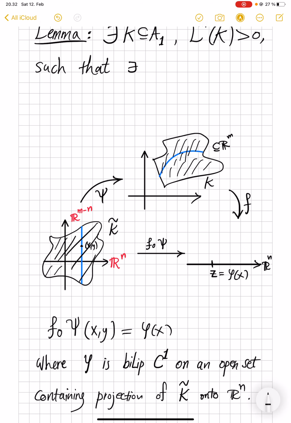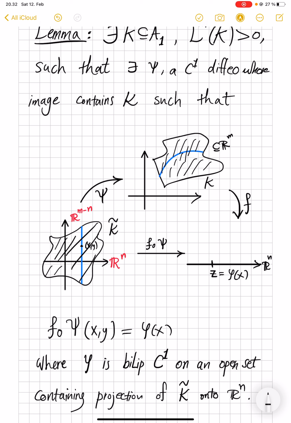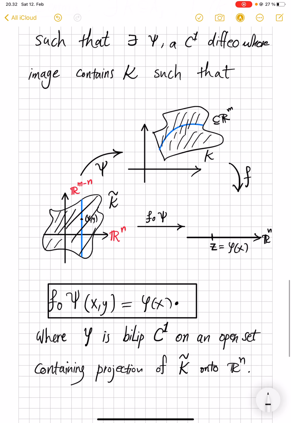So such that there exists some C1 diffeomorphism psi whose image, which is an open set, contains K.